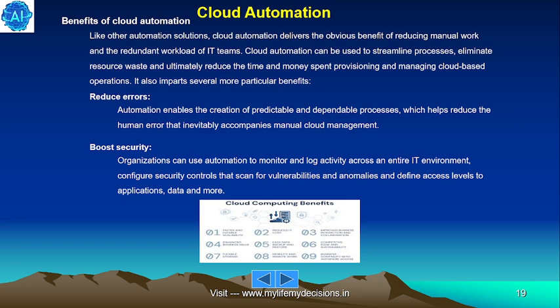It also imparts several more particular benefits. Reduce errors. Automation enables the creation of predictable and dependable processes which helps reduce the human error that inevitably accompanies manual cloud management.